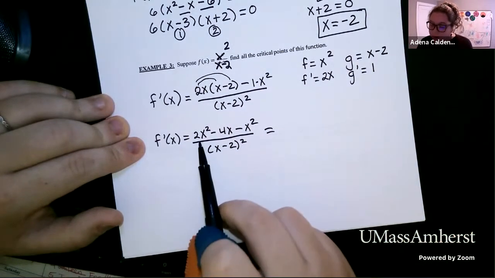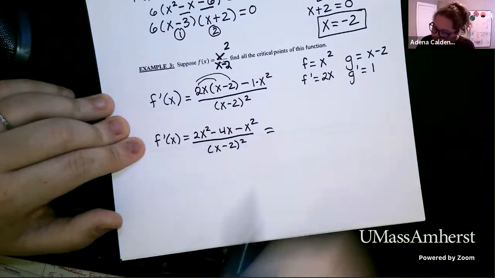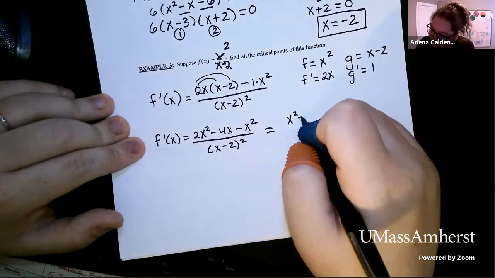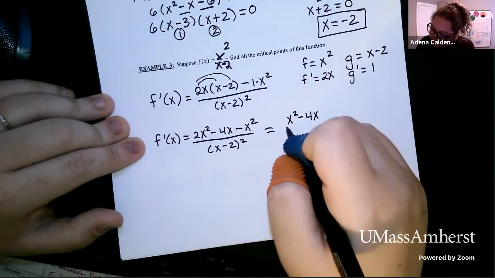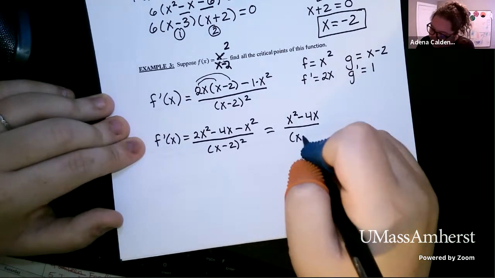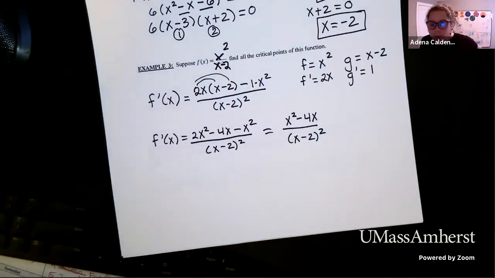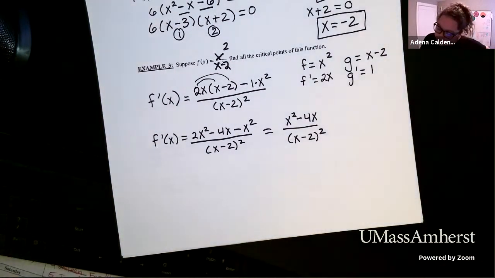Now in the numerator, I have a 2x squared and a minus x squared. So those are going to simplify into 1x squared minus 4x over x minus 2 squared. Okay, so this is in pretty good shape to now use to find my critical points.